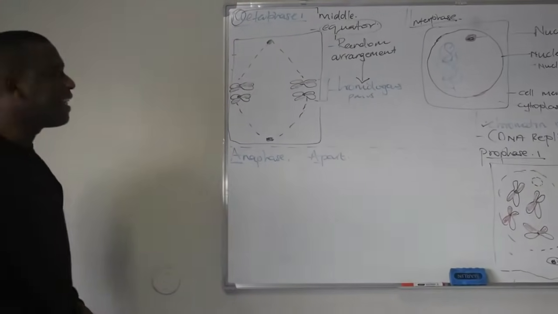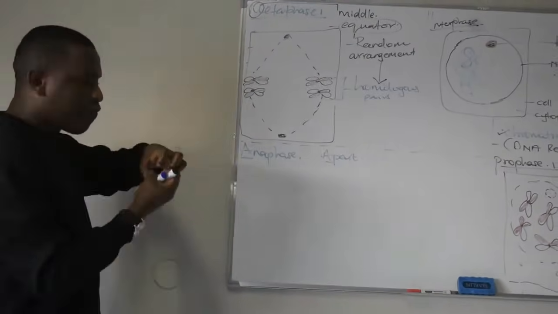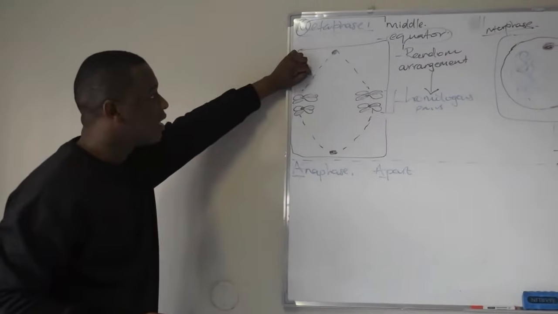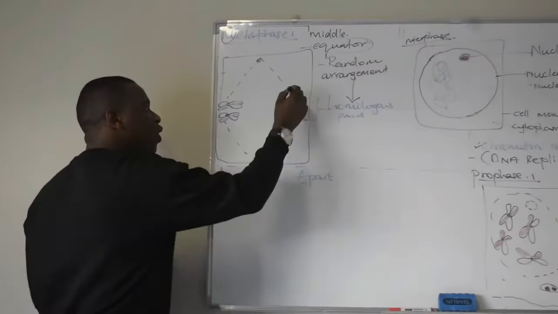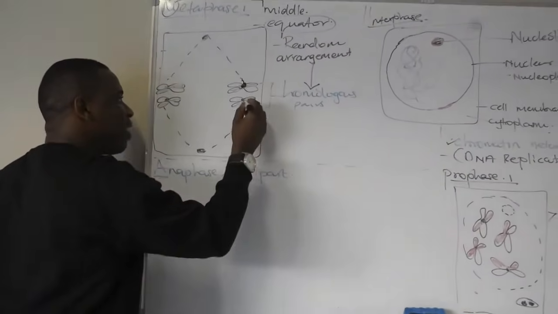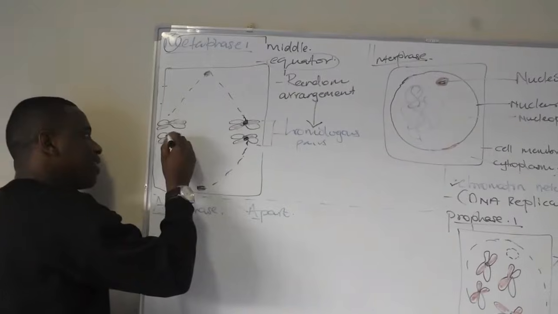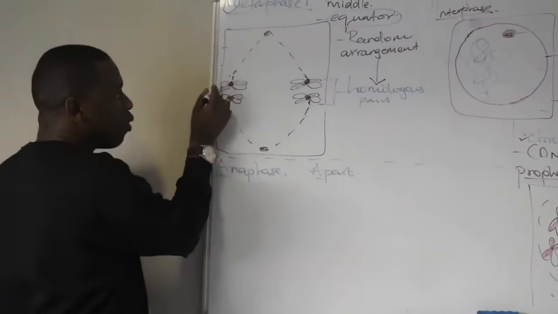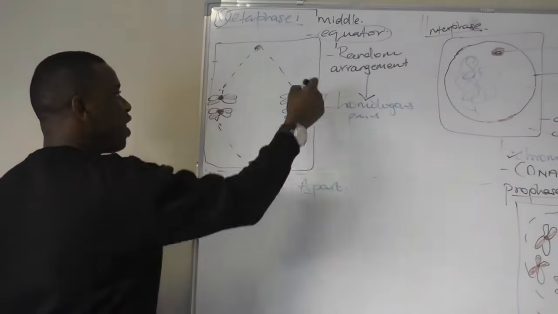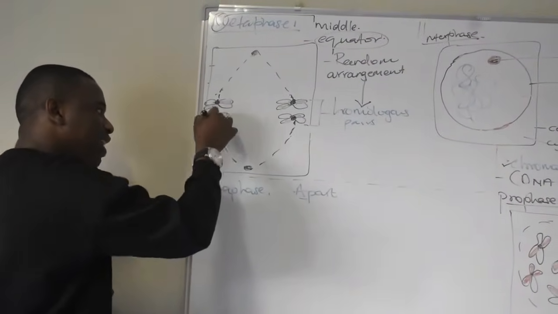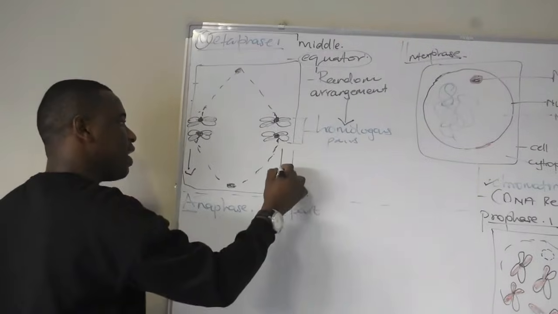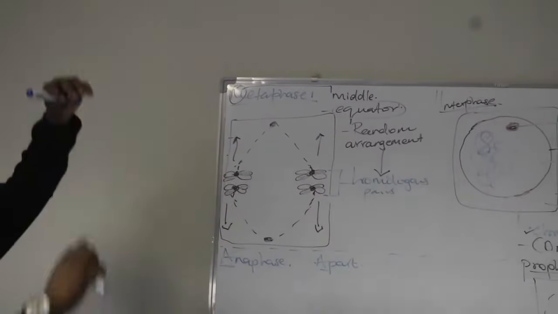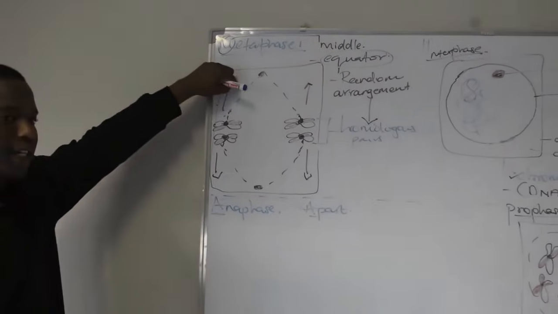The only thing that is capable of pulling the chromosomes apart is the spindle fibers. Since this one is attached to this one, and this one to this one, this line will pull this chromosome. This line will pull that chromosome. This line will pull the chromosome down, and that one down. So they go in opposite directions.